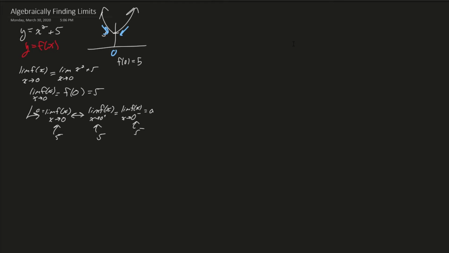Now, let's consider this same function, the parabola, x squared plus 5. But now let's look at the infinite limits and see how we can calculate those by hand. So, let's see. The limit of f of x as x approaches infinity. Now previously we saw that we could do f of a.